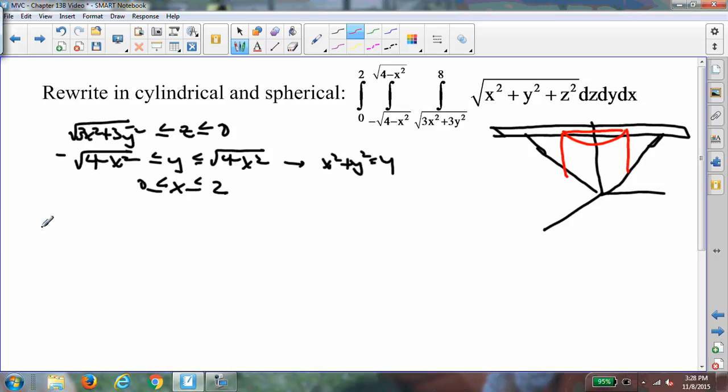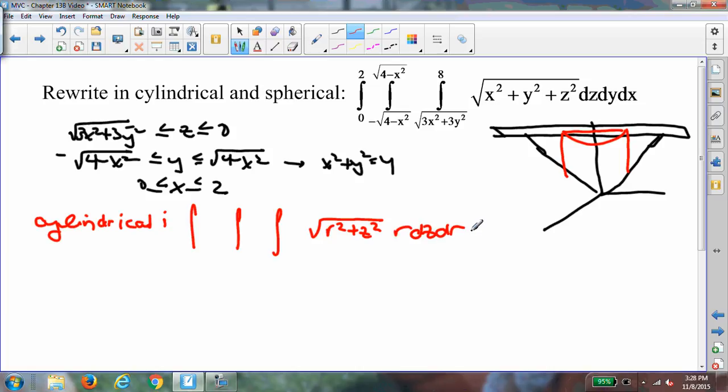So let's start by doing this in cylindrical. We're going to have our square root of x squared plus y squared plus z squared. So in cylindrical, that's going to be r squared plus z squared. Our conversion term r, dz, dr, d theta.